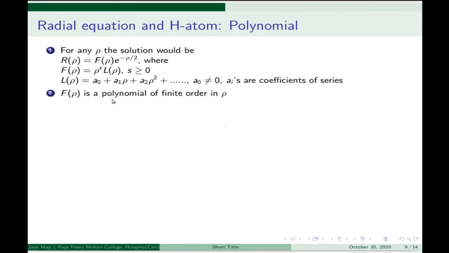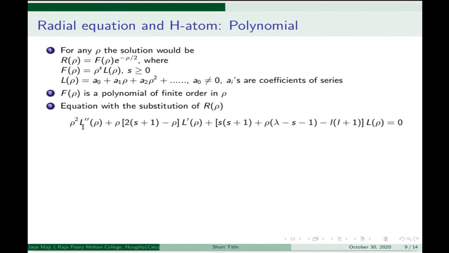Now if we substitute the function R of rho, which is f of rho into e to the power minus rho by 2, in the radial equation, we are going to get this in terms of the series function L of rho.